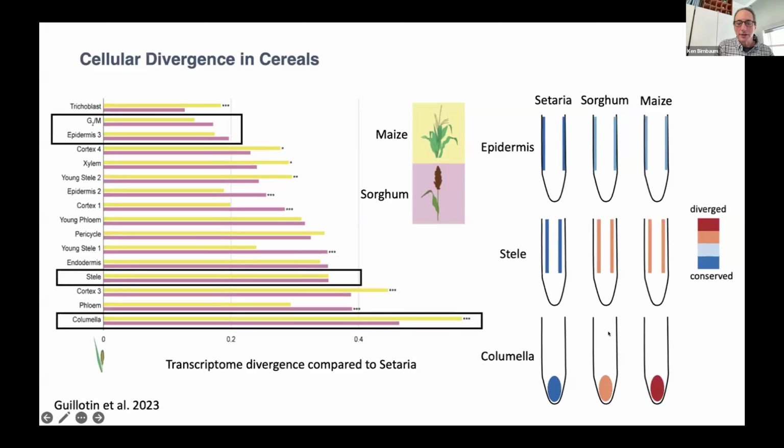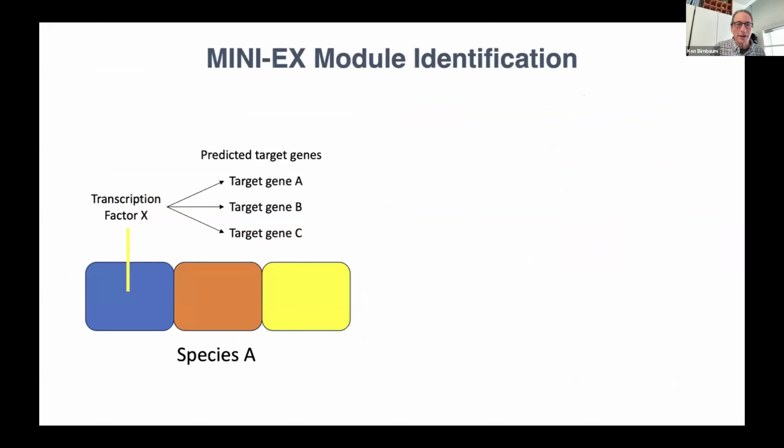And then there's a difference between the distance between maize and Soteria and that between sorghum and Soteria. So one might want to say here that perhaps the maize columella is evolving faster. I know there are a lot of caveats to that, but this is the kind of view that a quantitative assessment of cell identity can get you.